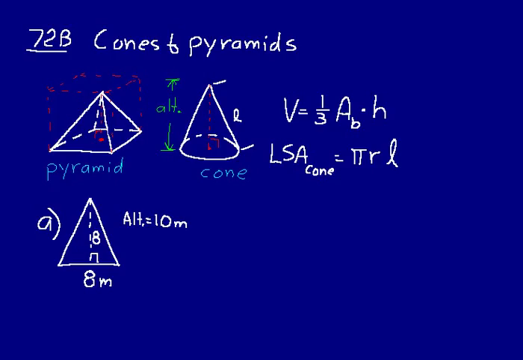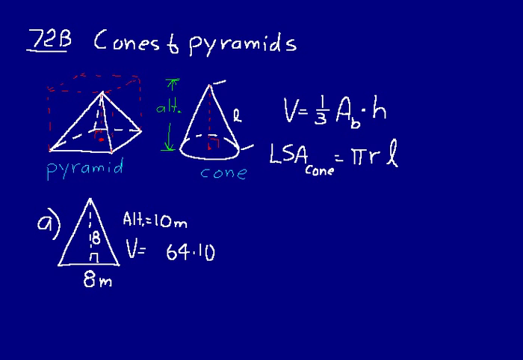And so what we need to do is figure out the area of the base. And also we can assume it's a regular pyramid, so that means all of the sides are the same length. And so if we want to figure out the area of the base, that would just be 8 times 8. It's a square, basically. And so we'd say 64, and then times the height of 10.